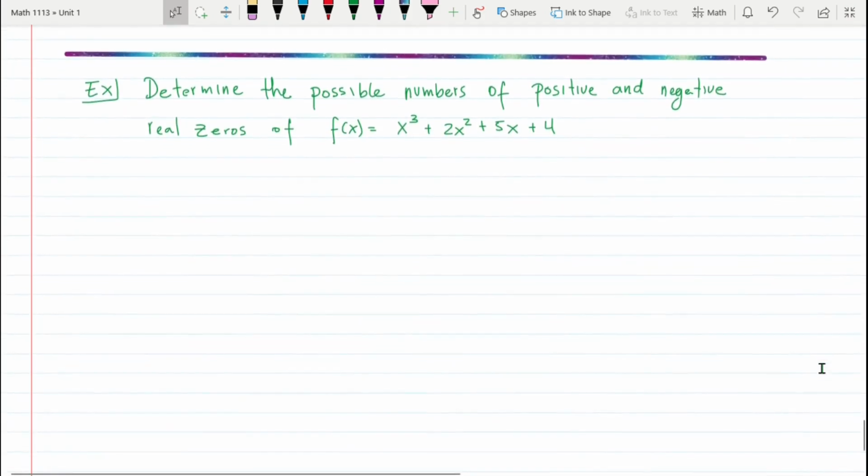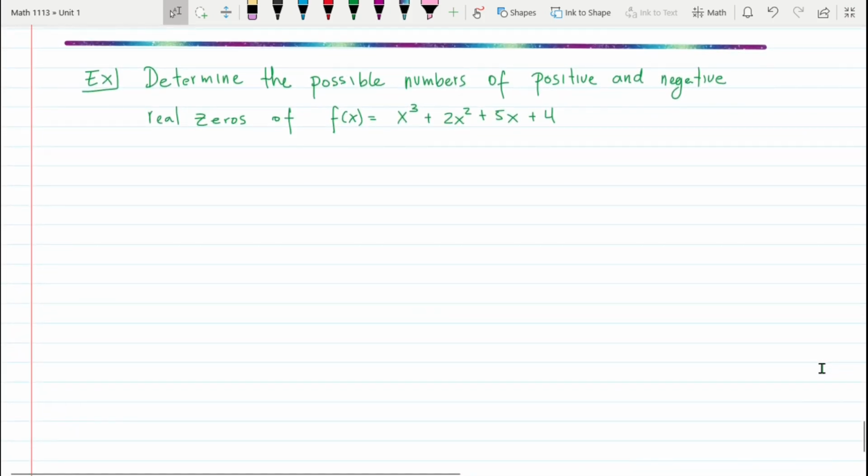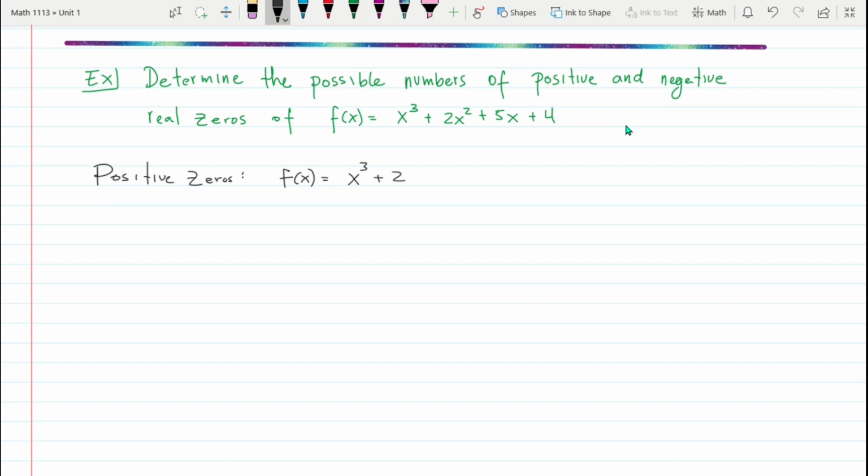So let's determine the possible number of zeros, positive and negative, of this polynomial. Okay, so we'll make a note here that we're looking for the positive zeros. And I'm just going to write the polynomial as it is: x to the third plus 2x squared plus 5x plus 4.